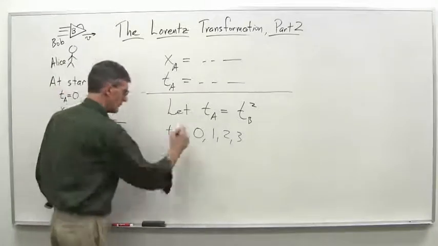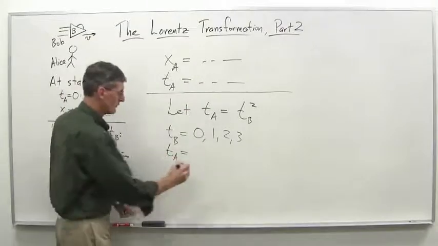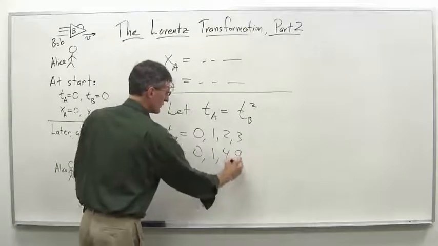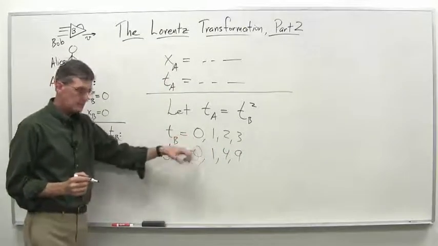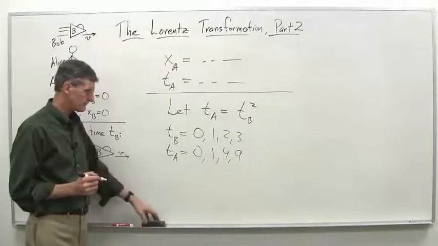That means by the formula we're trying out here, TA would be TB squared. So 0 squared is 0, 1 squared is 1, 2 squared is 4, 3 squared is 9. We plug in the values and we get the TA values there.